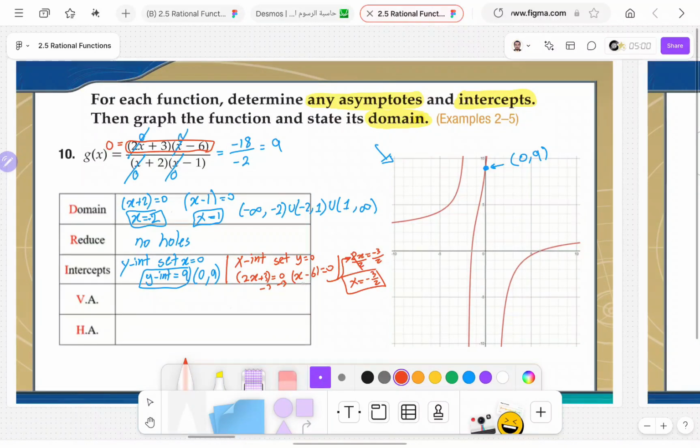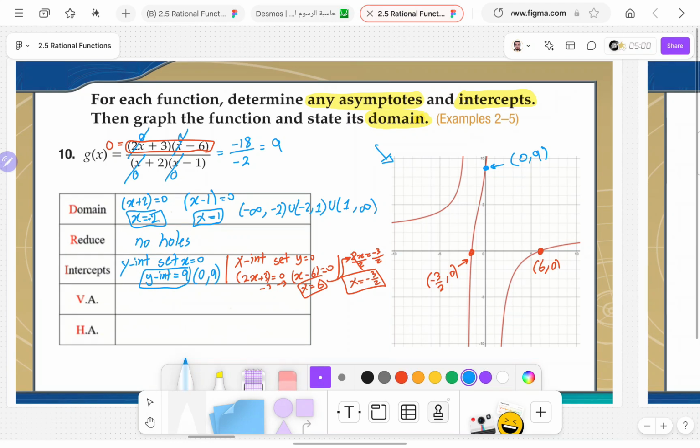So this is the first x. Now the second x is equal to 6. Okay, so I have two x's. On the graph, this one here is 6 and 0. And the other point here, which is written here, negative 3 over 2 and 0. Okay, I hope you understand this.